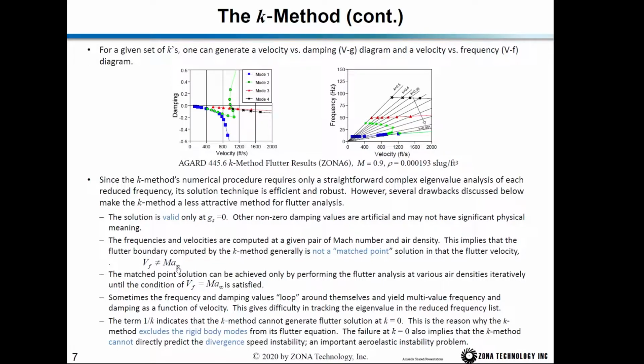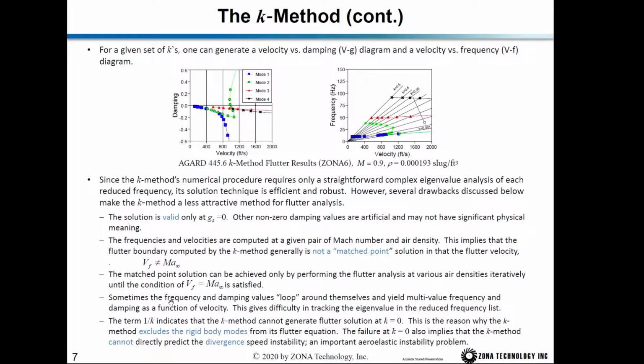So it's not a match point solution. The match point solution can be achieved only by performing a flutter analysis at various air densities iteratively until the condition V equal to M times speed of sound is satisfied.